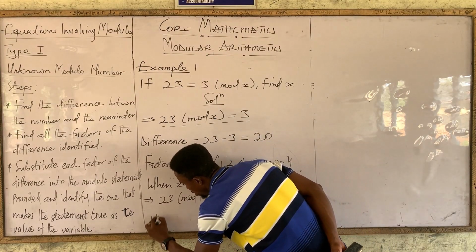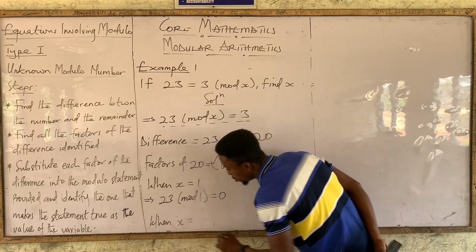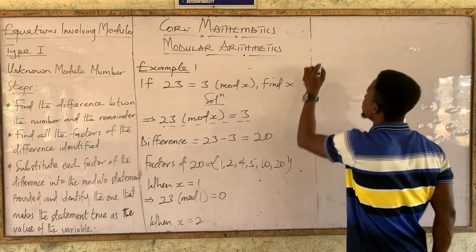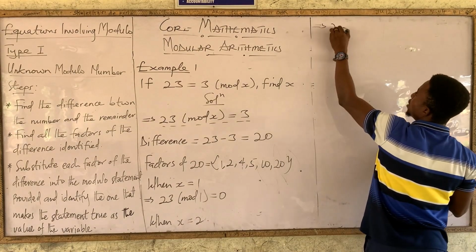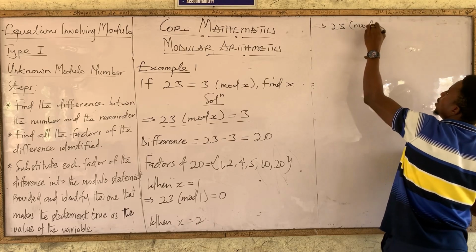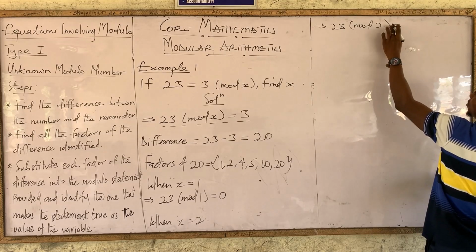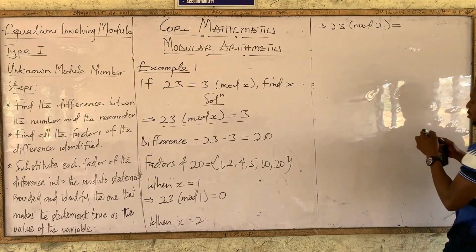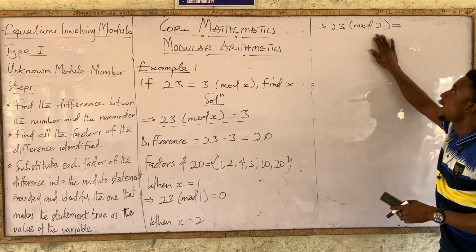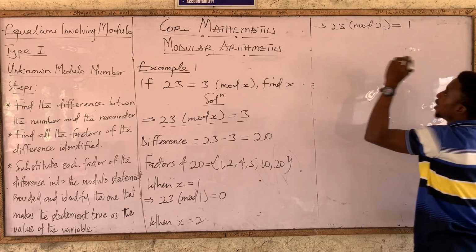Then when x is equal to the next number, 2, 23 mod 2 is equal to, we have a remainder 1. You know that one already.